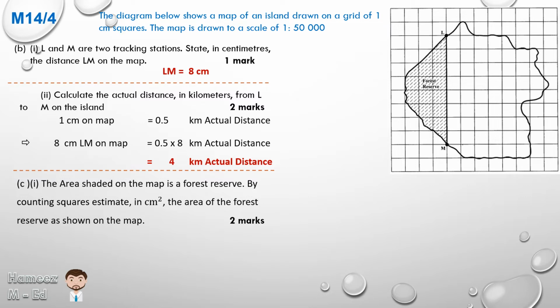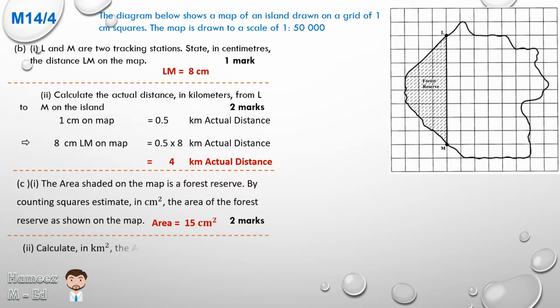Remember, we're counting the squares which are shaded for more than half of it. If the square is shaded less than half of it, then that is not counted. If we count them up, we're going to get 15 squares. So the area is 15 centimeters squared. This is a very good approximation.